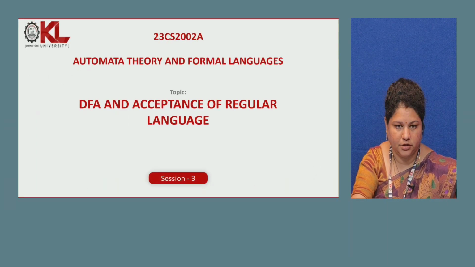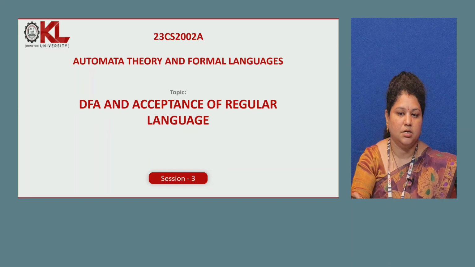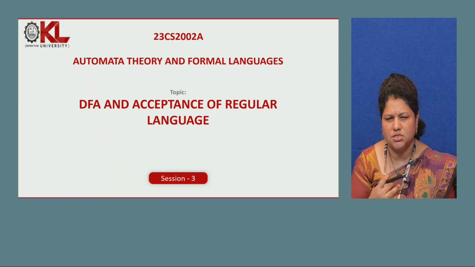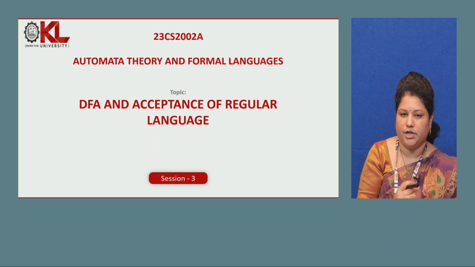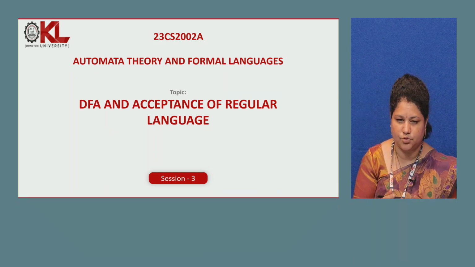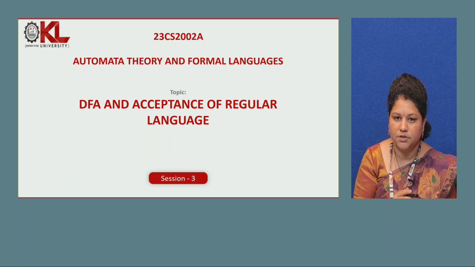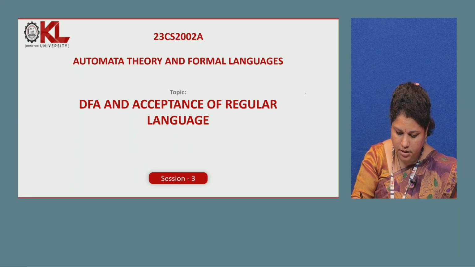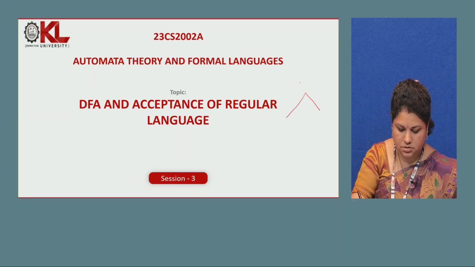Next, DFA. Before going to DFA, what is DFA, and how is it related to finite automata? In finite automata, we have two types: without output and with output. Without output, we are mainly considering two types.